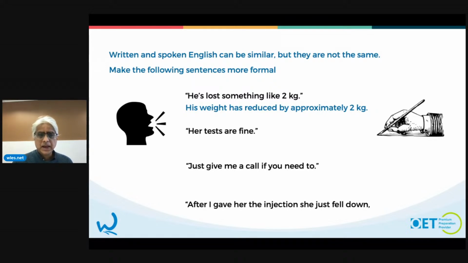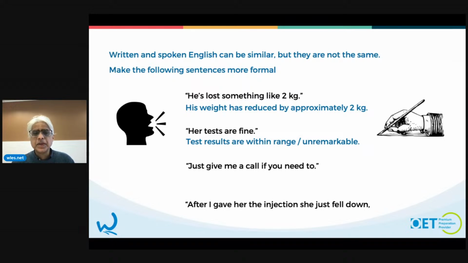Okay, her tests are fine. Tests are within range. Tests are unremarkable. Tests are insignificant, you could say as well. And you can see the difference in formality there, can't you?